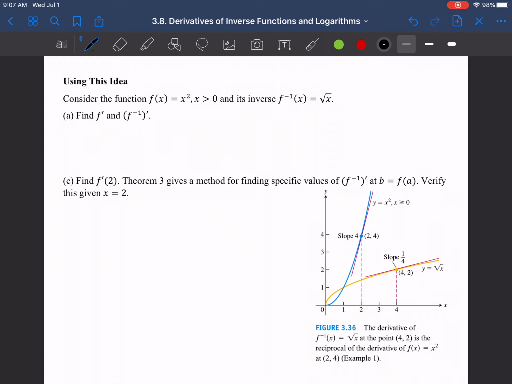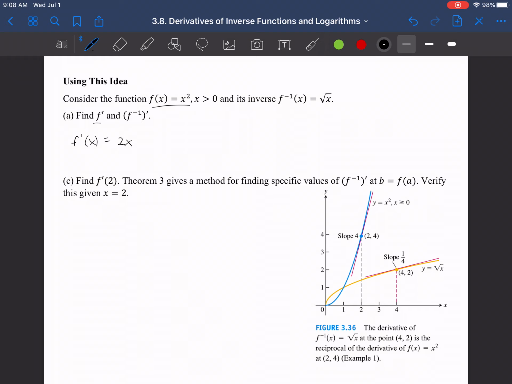All right, and we're going to find the derivative of both of these. So f prime of x, that's the first one we're finding, is just going to be 2x. Bring that exponent down and subtract 1, right, when x is greater than 0.